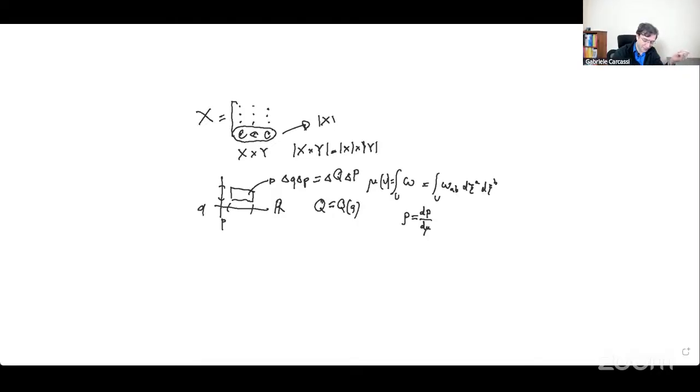Now if you have a probability density, which is the probability per configuration, so it's the ratio between the probability measure and the measure mu, then your entropy is going to be given by S equals minus the integral of rho log rho d mu. And so this is how you calculate the entropy, and everything is defined, and everything is coordinate invariant. Hamiltonian mechanics is just the preservation of this.